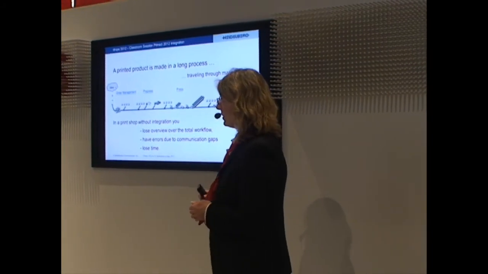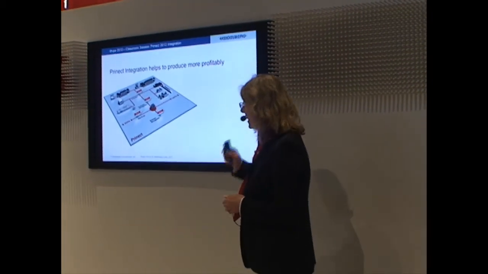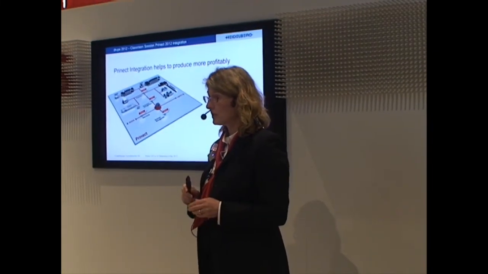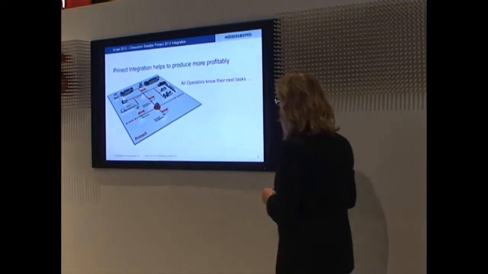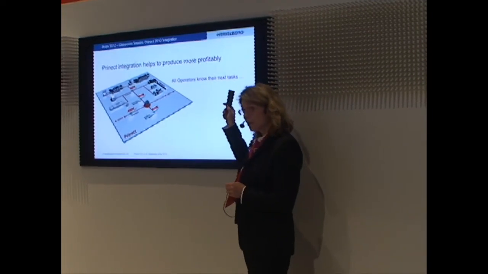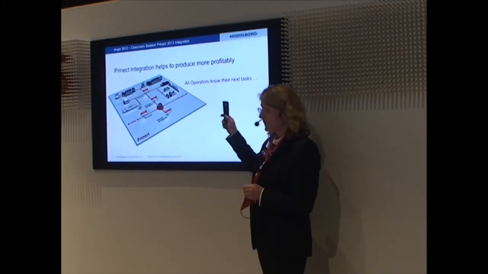A Prinect workflow integration helps you to produce more profitably. How can we do this? First of all, in an integrated workflow, all operators know their next task. They know exactly what to do next.